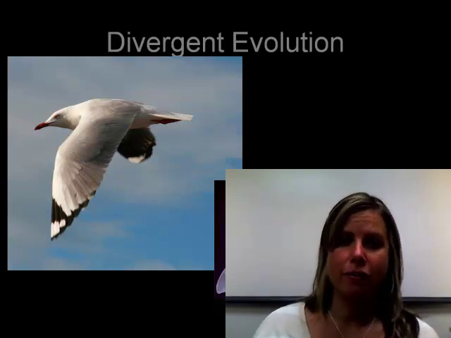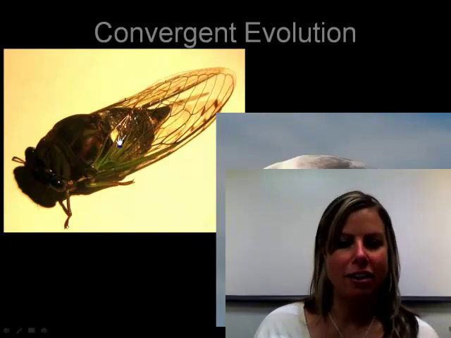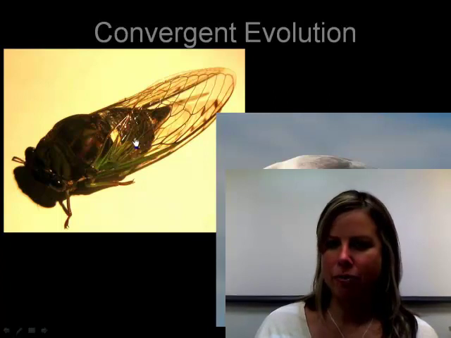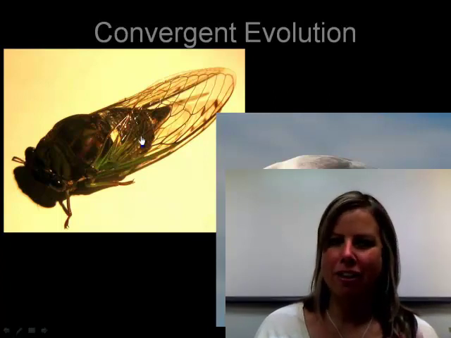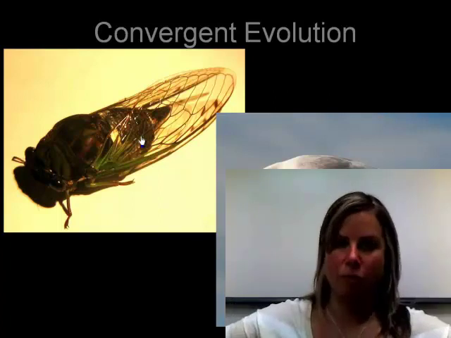Now, convergent evolution is a little bit different. Once again, here's a bird with wings, and then here is an insect with wings. So they both fly and they both have wings, but they are extremely different organisms that evolved in extremely different ways.